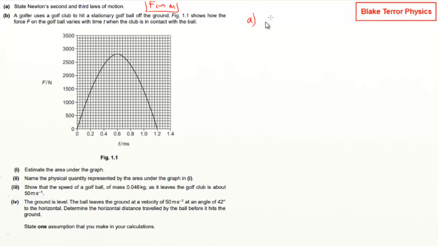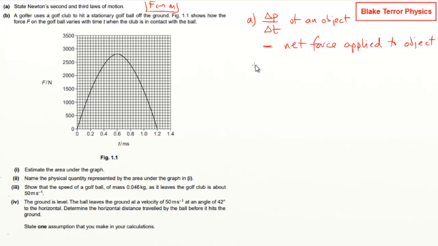For Newton's second law, we can say that the rate of change of momentum of an object, linking this in with objects, is equal to the net force applied to that object. So we've got a nice link to that object.